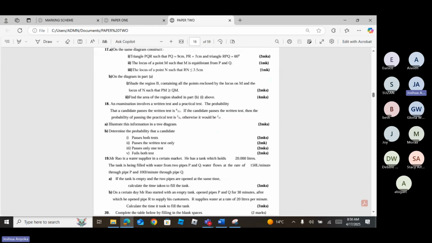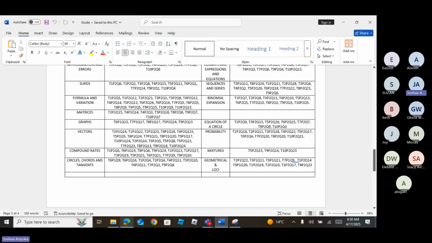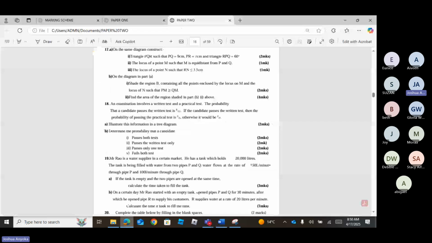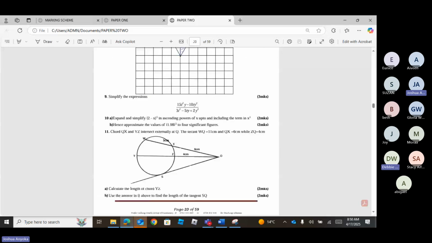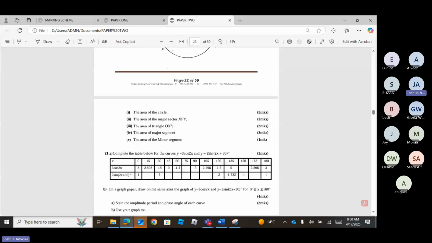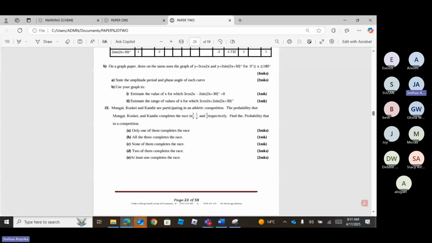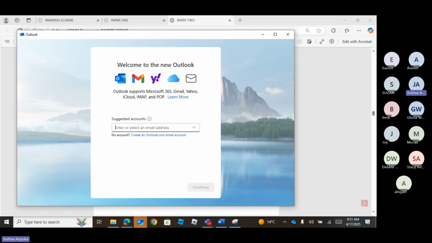Oh, that is what we did. It looks like what we worked out. Let us leave that. Trial 4 question 22. It looks almost the same as what we have worked out. Look for another.